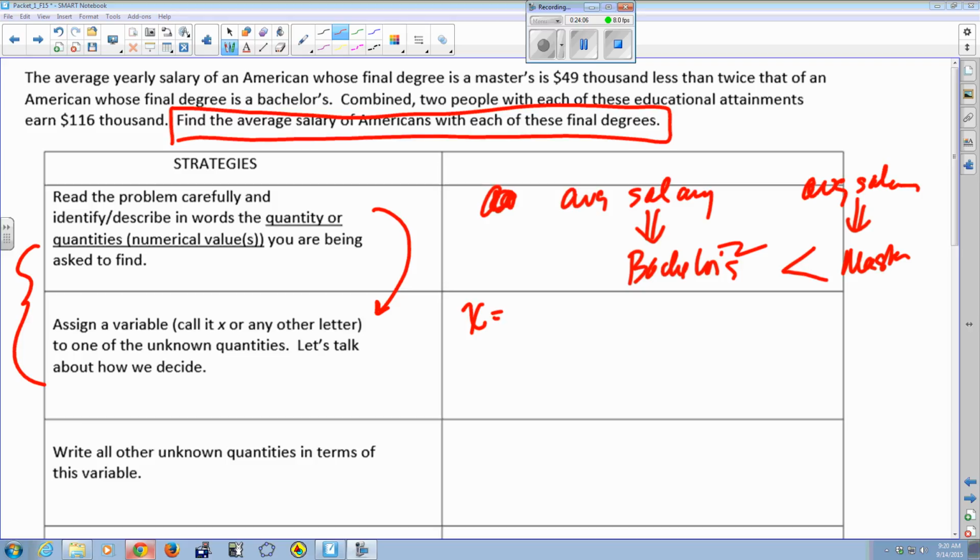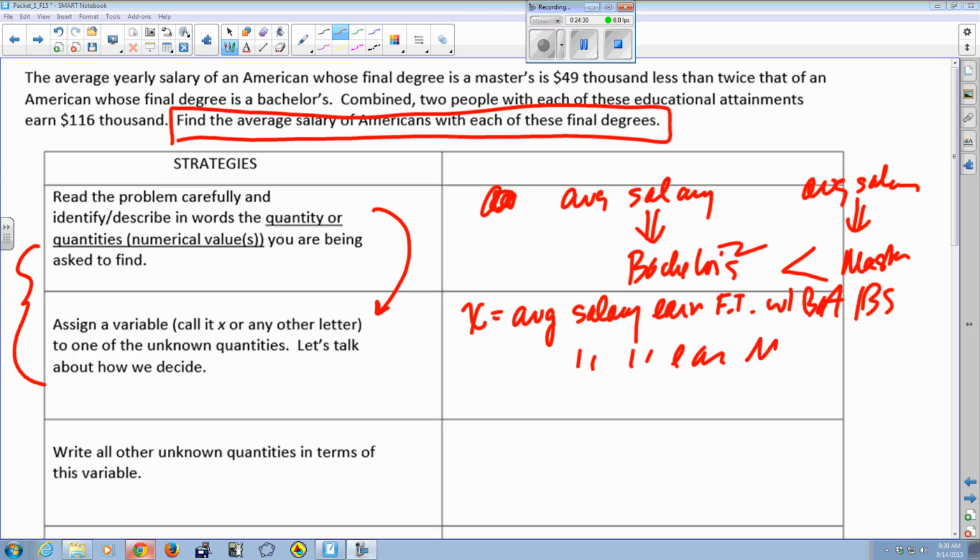X is the average salary earned by a full-time worker with a bachelor's degree, let's just call it a BA, BS. Okay. So that's how I start my problem. I never skip this step. Never. Now I have to talk about the average salary earned when you have a master's degree.